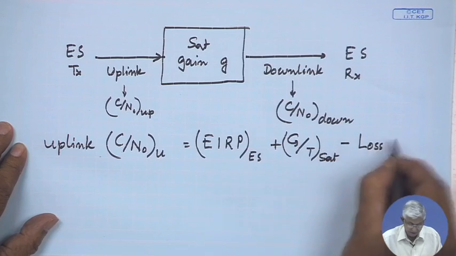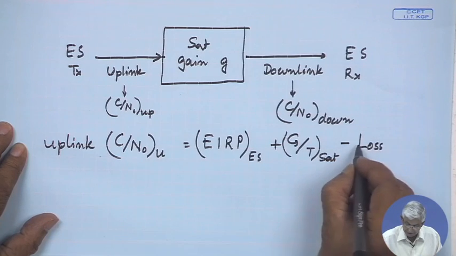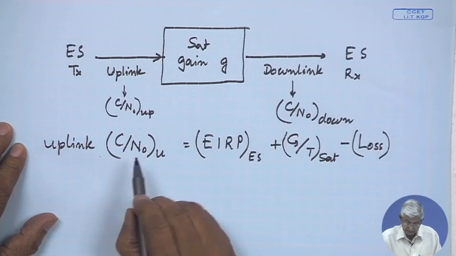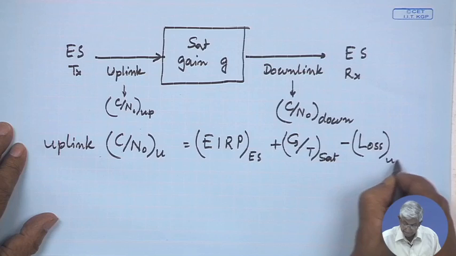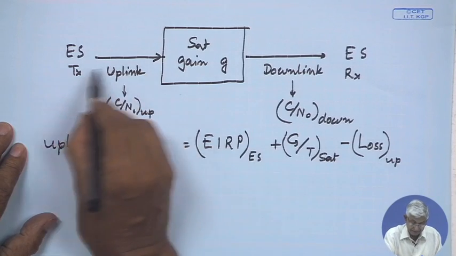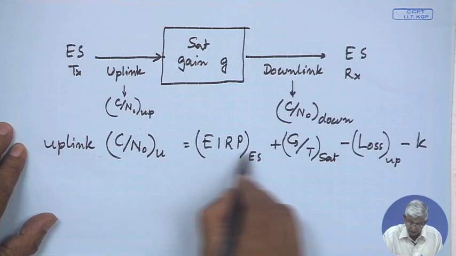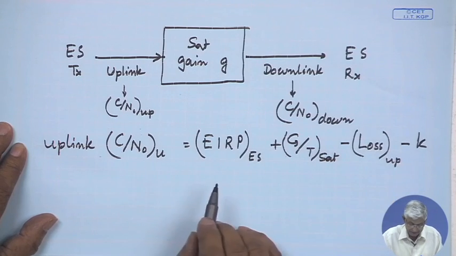Path loss is dominant, though all other losses are there, so I simply write loss. That is in the uplink path, and minus the Boltzmann constant K. All are in dB, that is why plus and minus are applied.